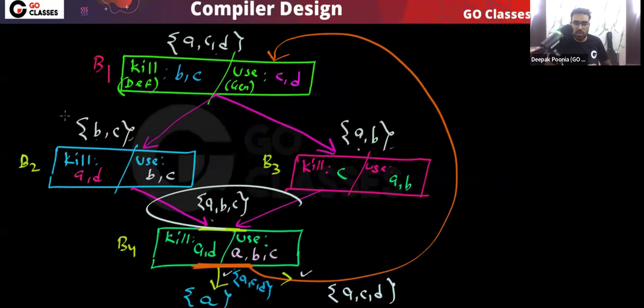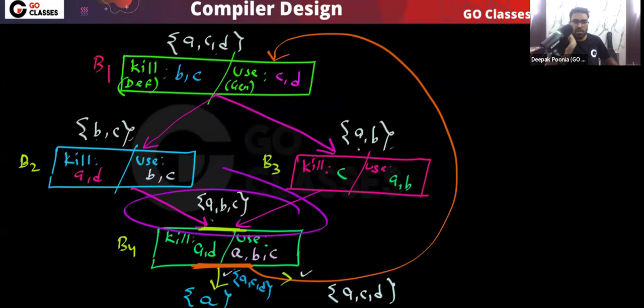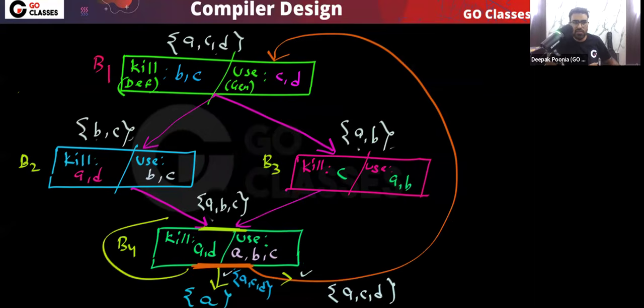Now notice one thing. In of B4 will become ABC, which is same as the first pass. Nothing is changing in the in of B4. Yes or no? When you see in of B4, nothing is changing. Okay, this is same as the result of the first pass. When we do the second pass and find in of B4, then also we are getting ABC, and this was already there after the first pass.